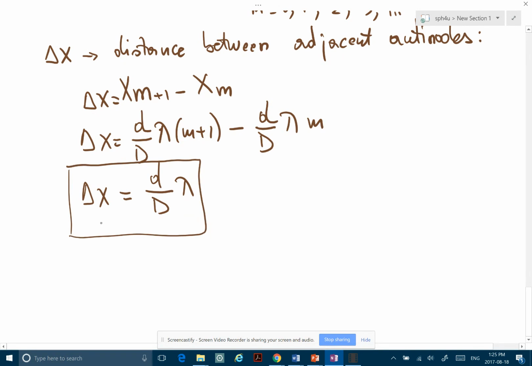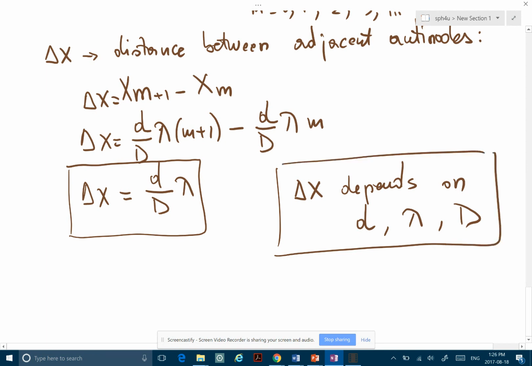So delta x is the distance between adjacent nodes or antinodes. As you can see, delta x depends on d, depends on lambda, and depends on the distance D.